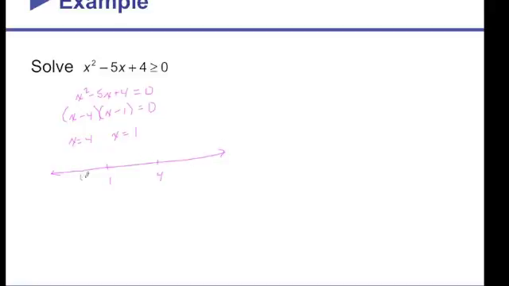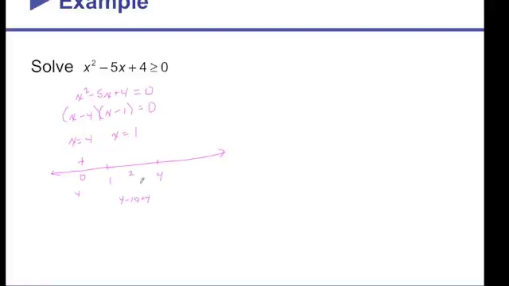So I'm going to pick 0 down here, and I go up here to my inequality with 0 on one side and do 0 minus 5 times 0, plus 4. So that's going to be 4, and that's a positive. I pick a number between 1 and 4. Maybe I do 2. 2 squared is 4, minus 5 times 2 is 10, plus 4.